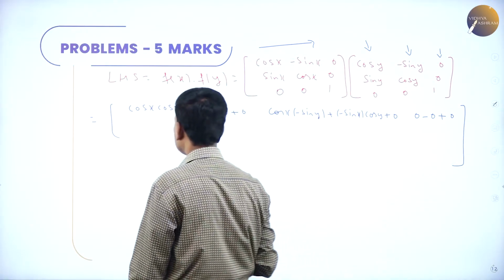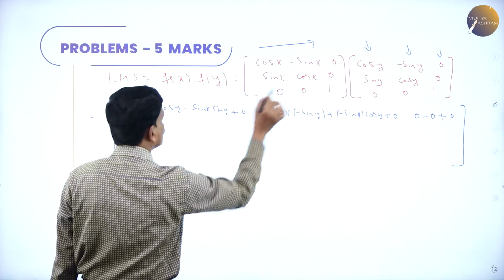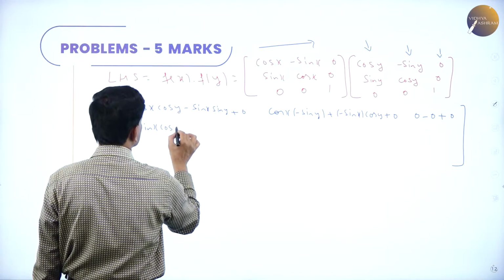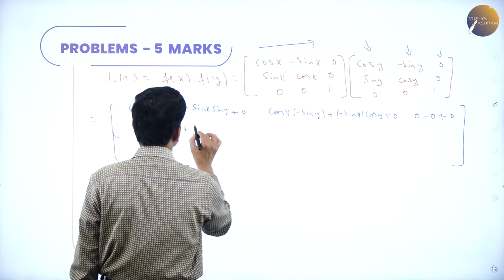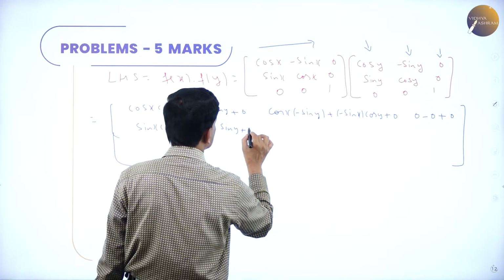Okay. Now second row, first column, second column, third column. Multiply: sin x into cos y plus cos x into sin y, plus 0 into 0 is 0.